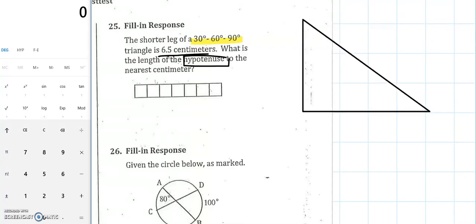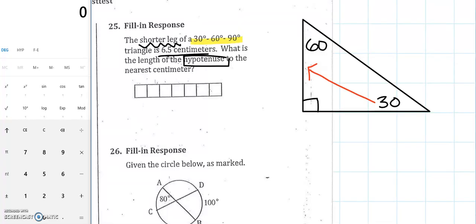I'm going to draw that special 30, 60, 90 triangle. So 30 degrees I'll put here, 60 at the top, and then here's my 90 degrees. All right, so the shorter leg is 6.5. Remember that your shortest leg is the one that's across from your smallest angle, which is 30 degrees.